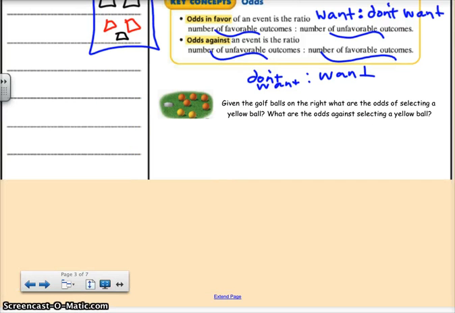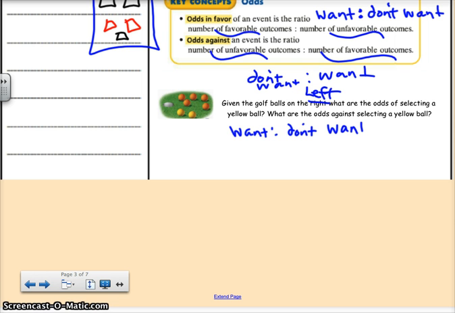So given the balls on the left, what are the odds of selecting a yellow? So odds are slightly different. It's what do I want? I want yellow. So want to don't want.